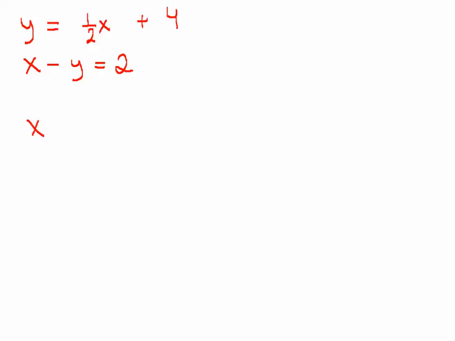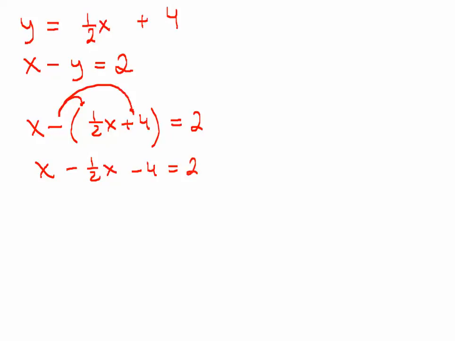The bottom equation is x minus, in parentheses, 1/2 x plus 4, equal to 2. That negative has to be distributed inside here. So how about a negative 1/2 x, and a minus 4? Hopefully we got that this time. At this point you could try to put things together, but I probably wouldn't. I'll just multiply both sides by 2 to get rid of our fraction, and then we can work with the rest of it.